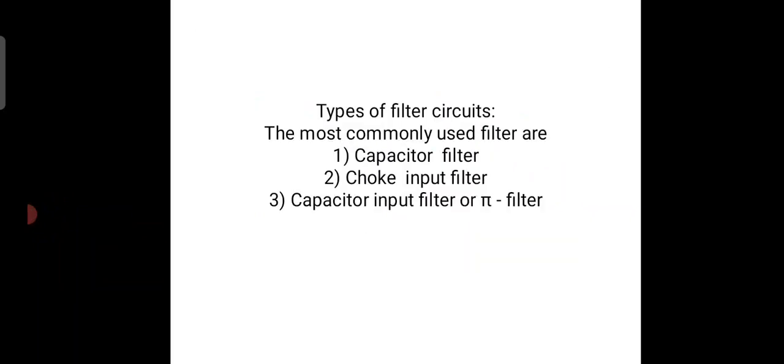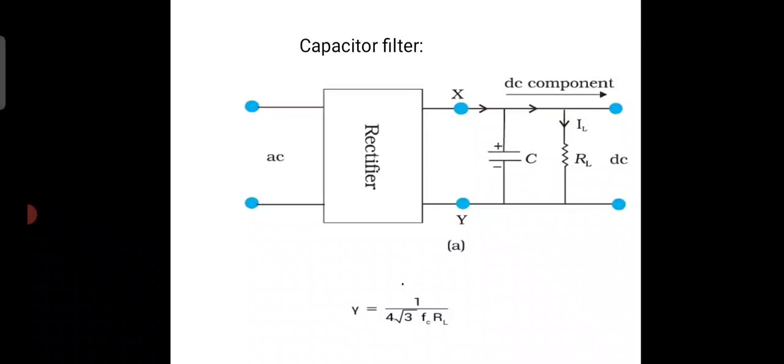So here, at the junction of X and Y, there is the output of a rectifier, and between the rectified output and the load resistance we have connected a capacitor of capacitance C, which acts as a filter circuit.